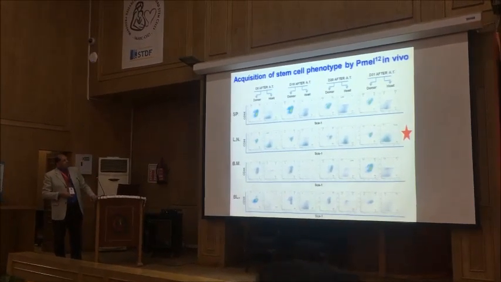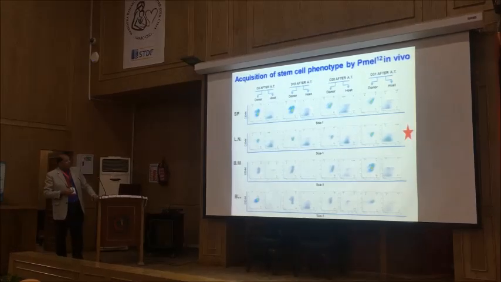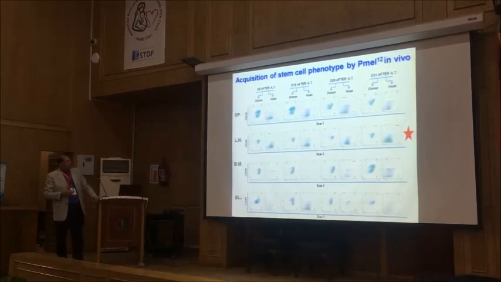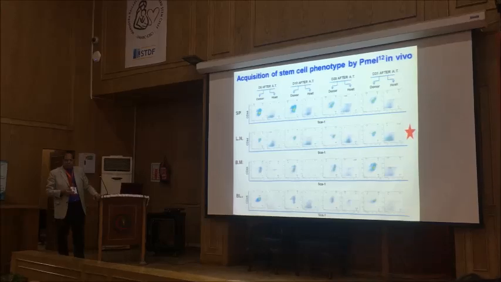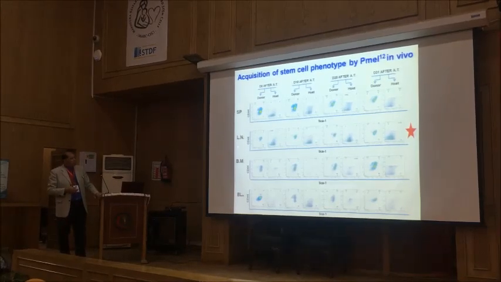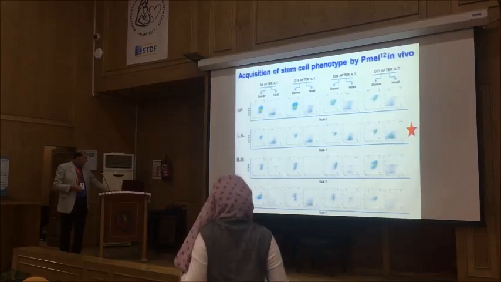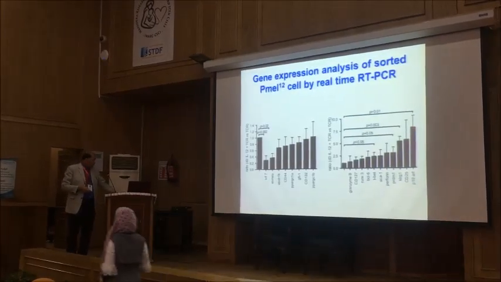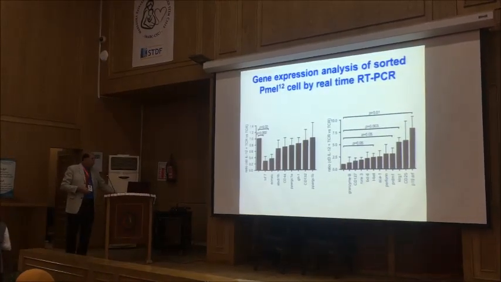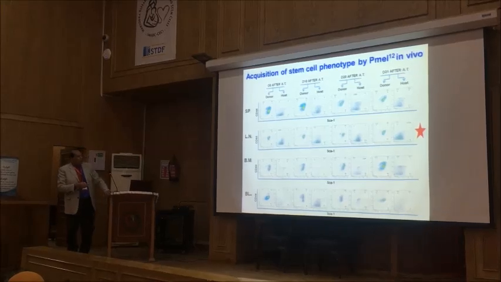Also, we looked at the position of SCA1 and CD44 in spleen. Is it systemic or only blood? We looked at spleen, lymph node, bone marrow, and blood, and we found also the same characteristic features, especially in lymph node.